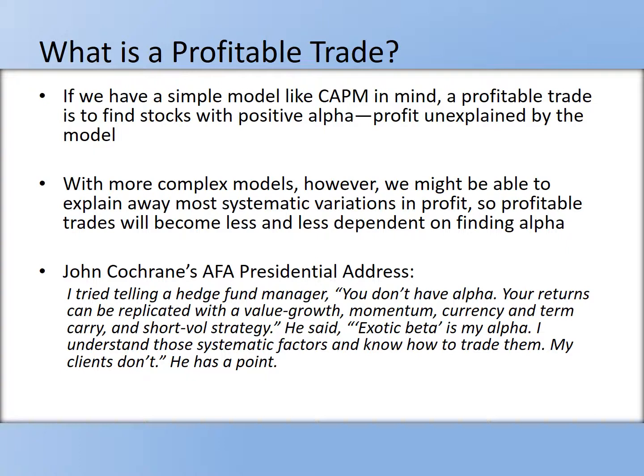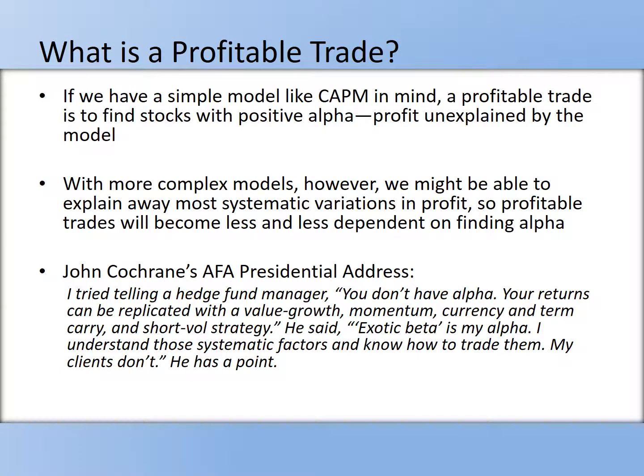I tried telling a hedge fund manager, you don't have alpha, since seeking alpha is a very common concept, right? There's a website called Seeking Alpha, which is a financial news website. You don't have alpha. Your return can be replicated with a value, growth, momentum, currency, and term carry and short volatility strategy.